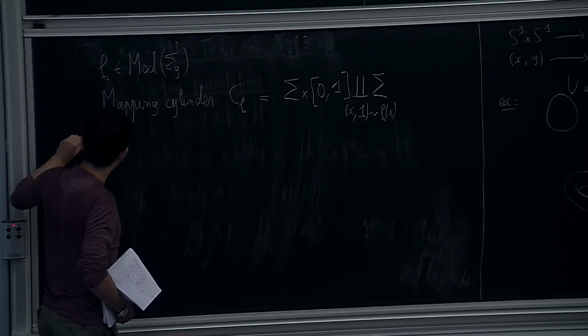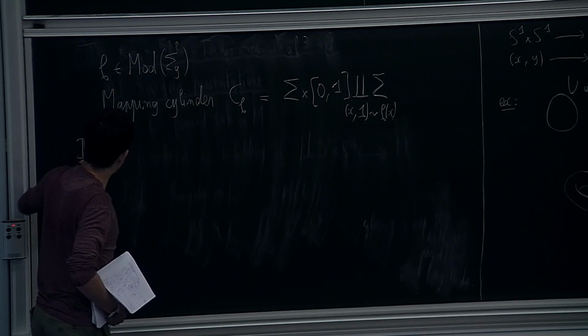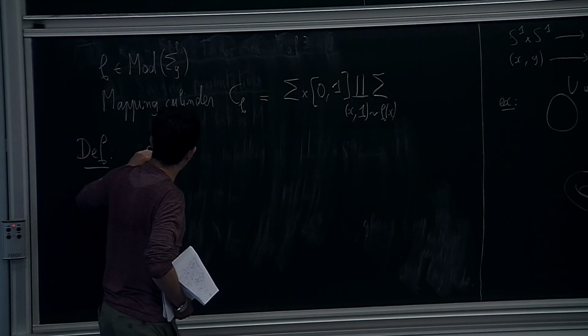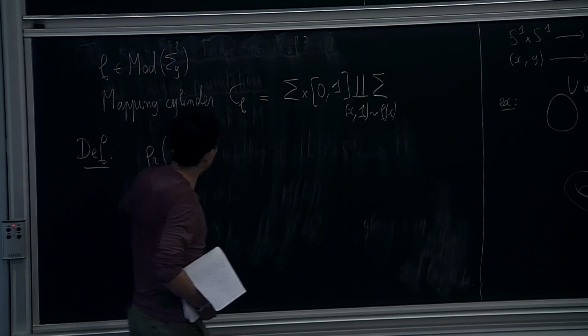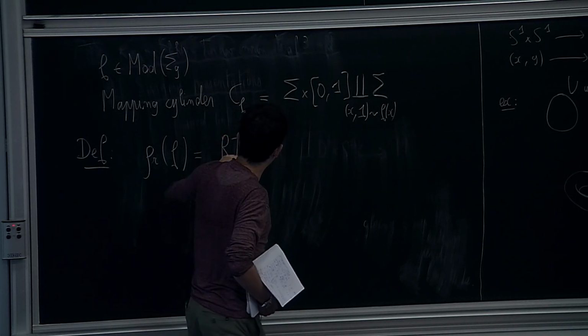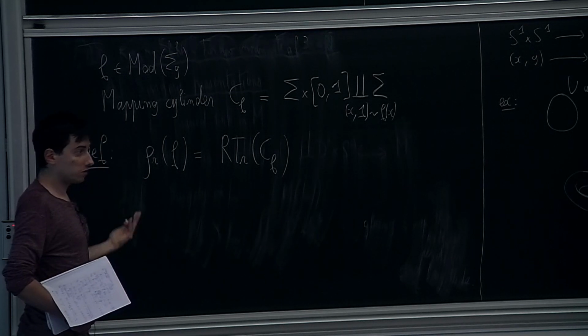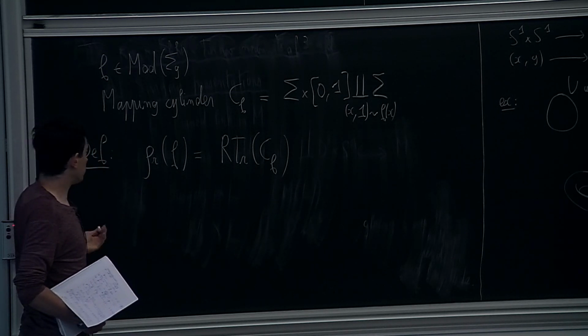I will define my quantum representation on f as rho_r of f equals RTR of C_f. And doing so, I do get a representation of the mapping class group.